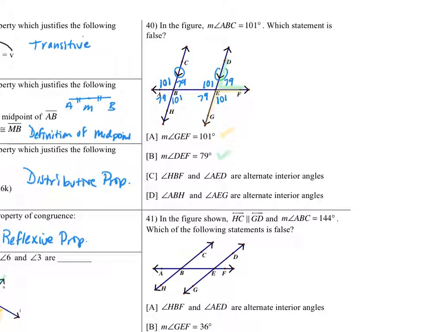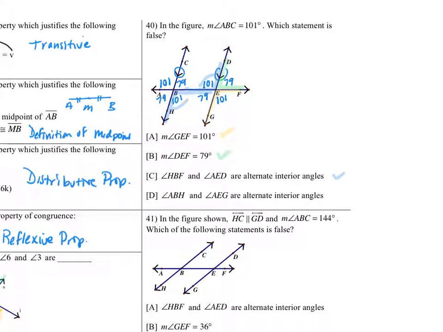For C, it says angle HBF and angle AED are alternate interior angles. HBF is this angle, and AED would be this angle over here. And yes, they are alternate interior angles, so they are congruent.